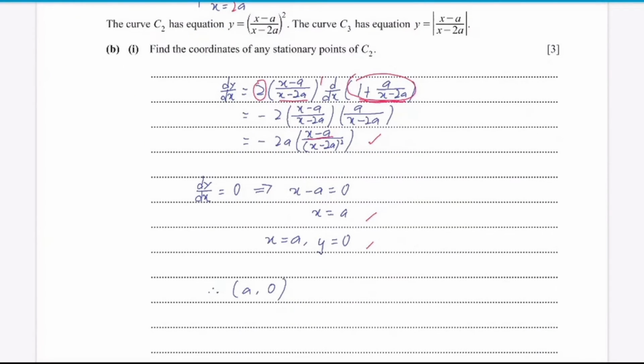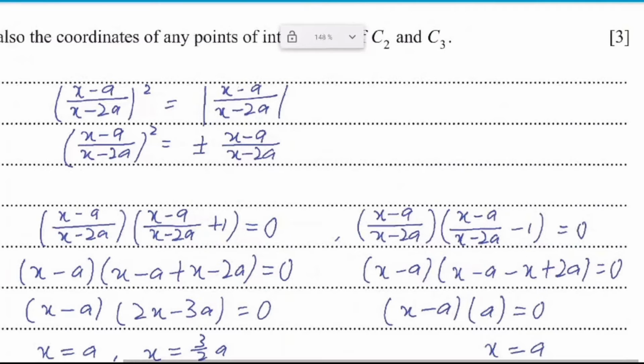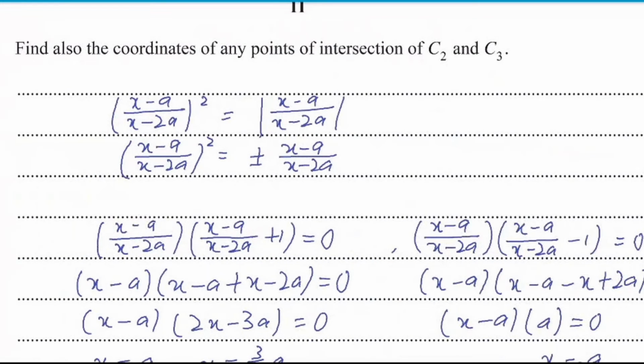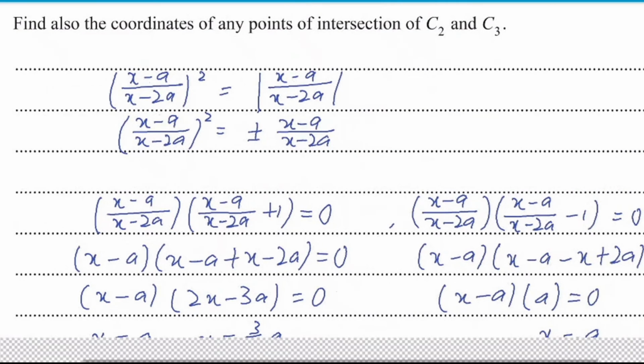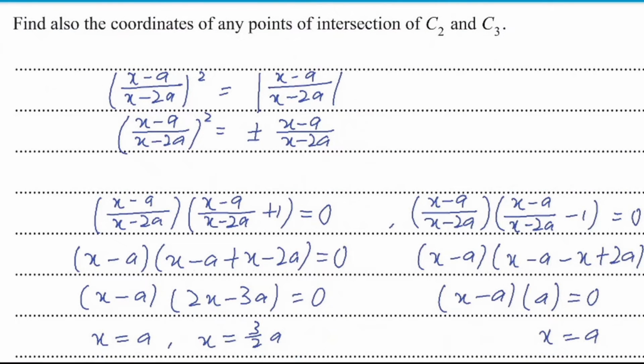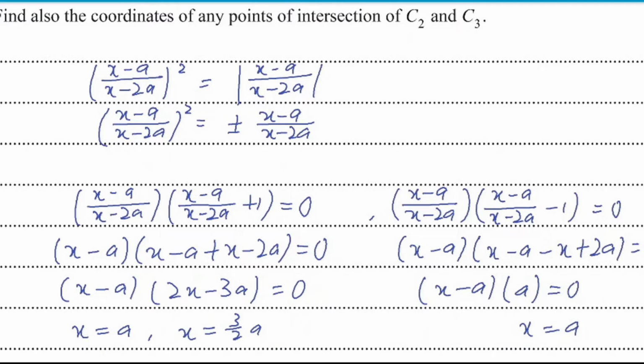In part 2 here, it's another thing. If we want to find the intersection, we are solving for the square and also the modulus of it. So the first step we can take is to open up the modulus, and it will become a plus and minus.